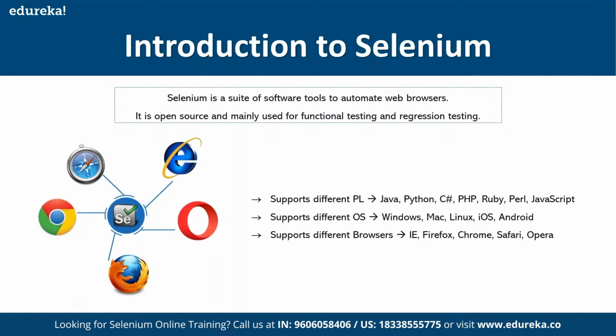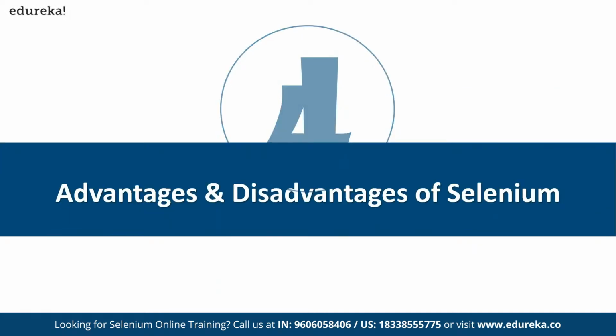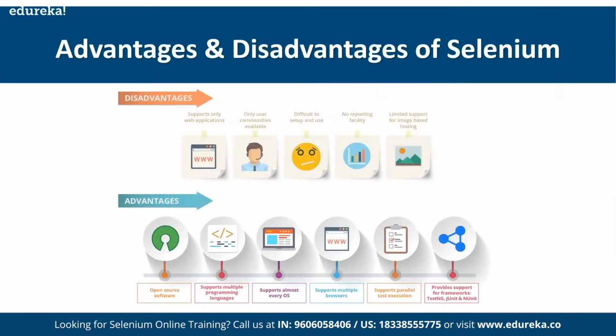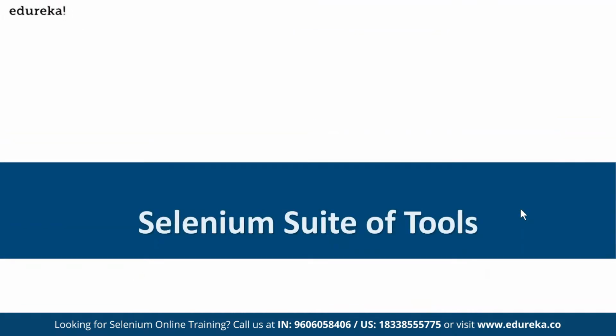So that's the beauty of speed that you will get with parallel execution. So this is another bigger advantage of Selenium. It provides support for frameworks like TestNG, JUnit, NUnit, and many such frameworks are supported. So don't worry on that part. Whatever is your requirement, you will get a solution to this.